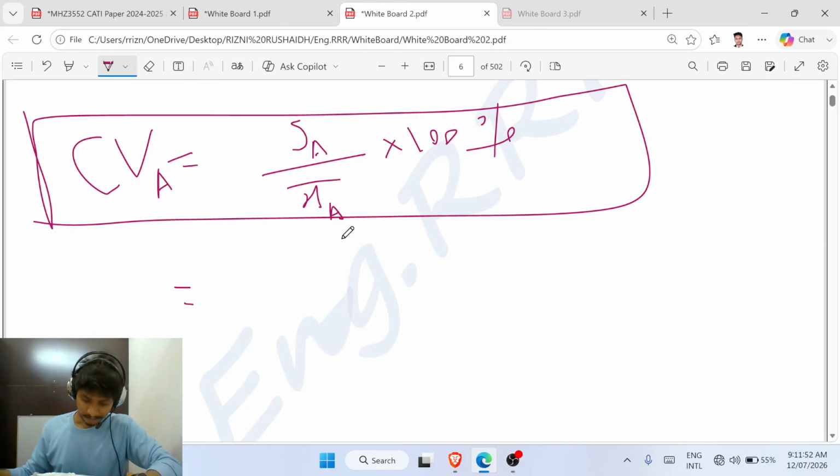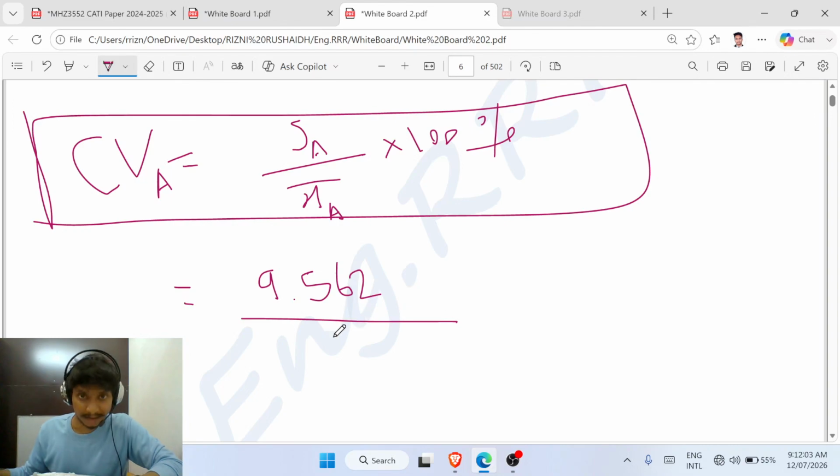What is SA? We have just found that it is 9.562. What is XA bar? XA bar is 120, into 100 percentage.